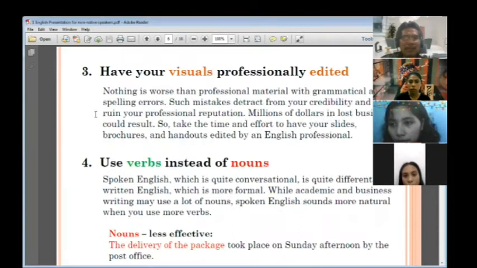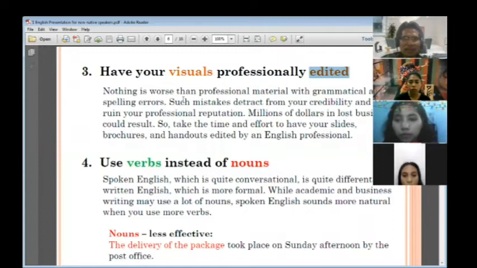And then the next one is to have your visuals professionally edited. When you present, don't forget to edit your slides.